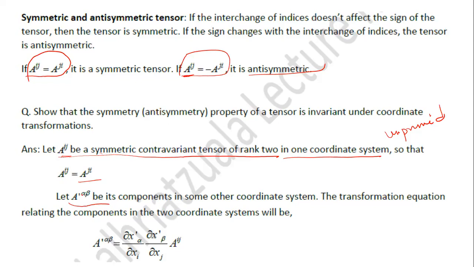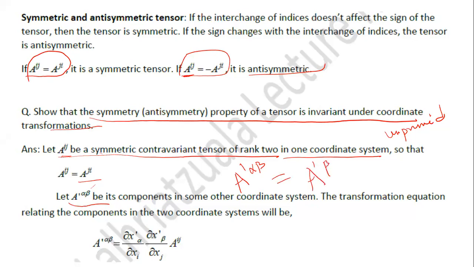So it's in the prime coordinate, and alpha beta are the two contravariant indices. Then if the symmetry property of a tensor is invariant under coordinate transformation, we have to show that A prime alpha beta is equal to A prime beta alpha. This is what we have to prove.